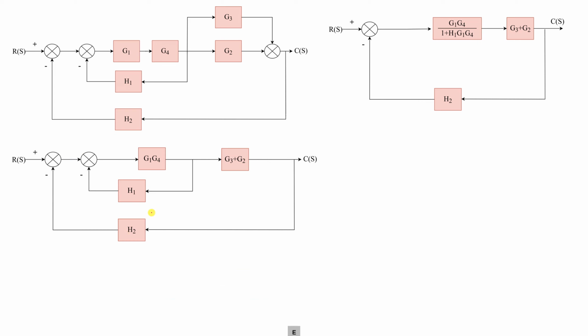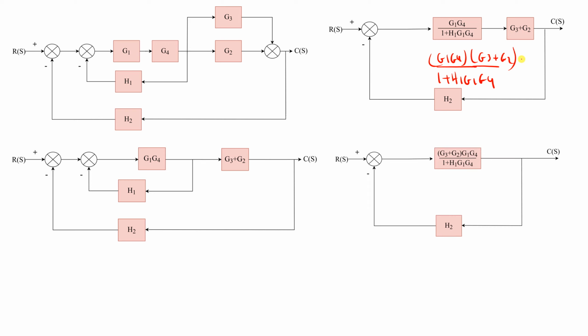Nice. Now you can see easily that these two are in series with each other, right? So their equivalent is their product. So it will be G1 G4 over 1 plus H1 G1 G4, multiplied by this block. Like this. Nice. Now we need this equivalent circuit. Now you can see again this one is G and this one is H, and this is a negative feedback.